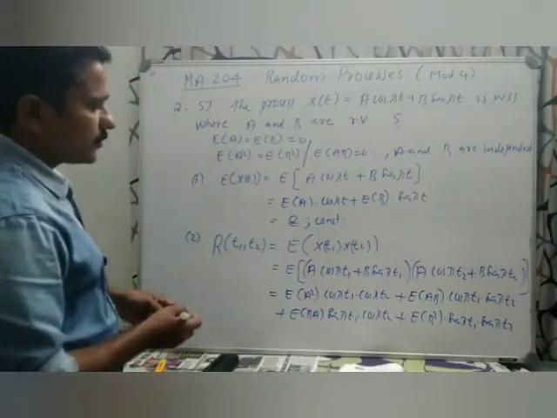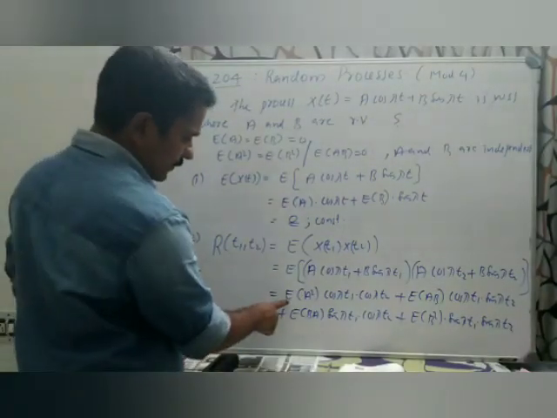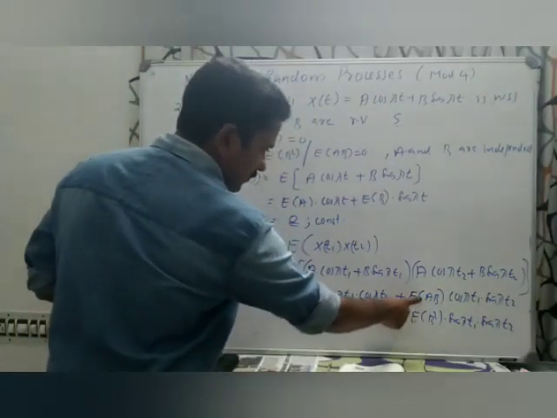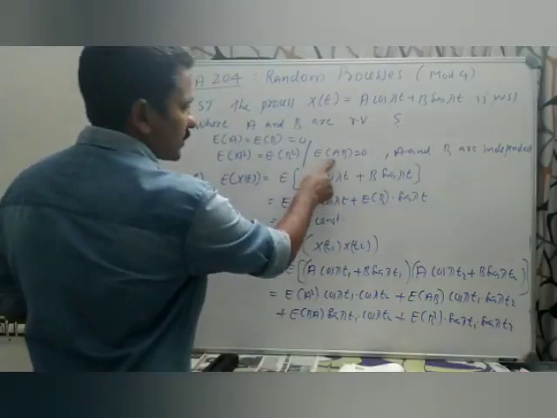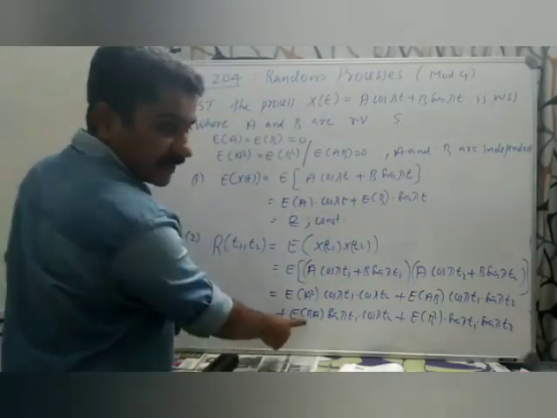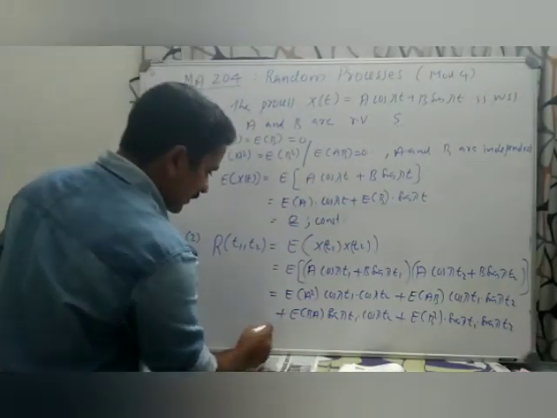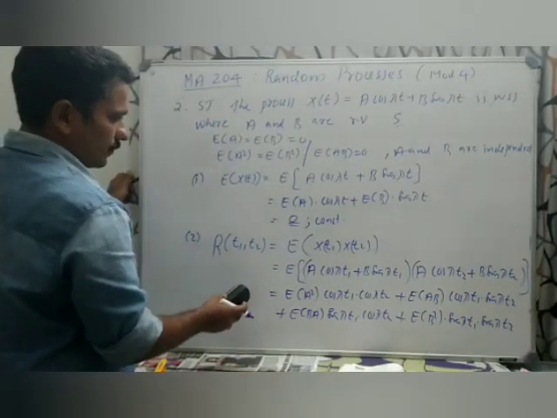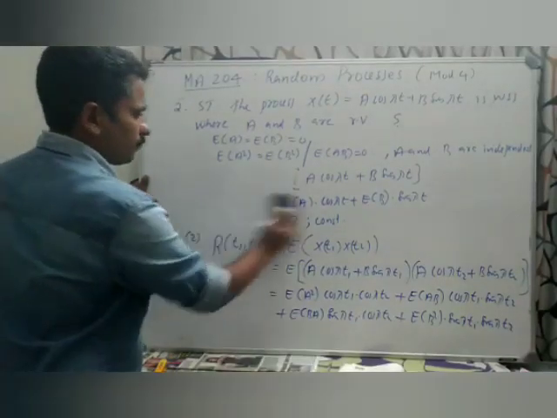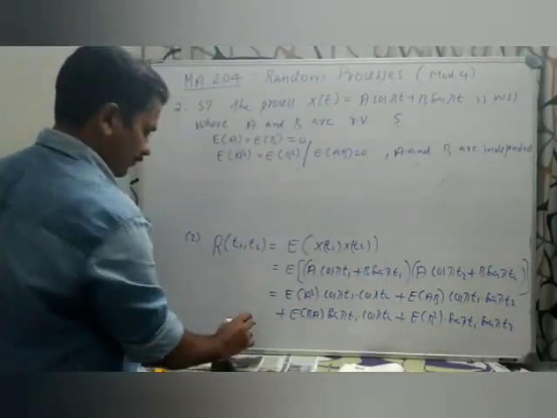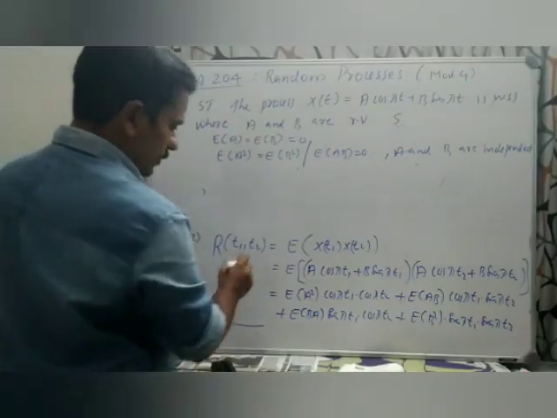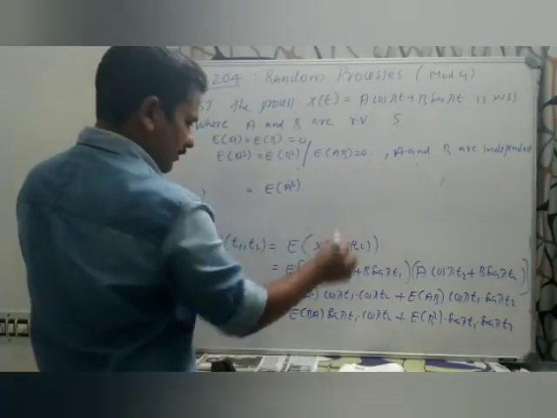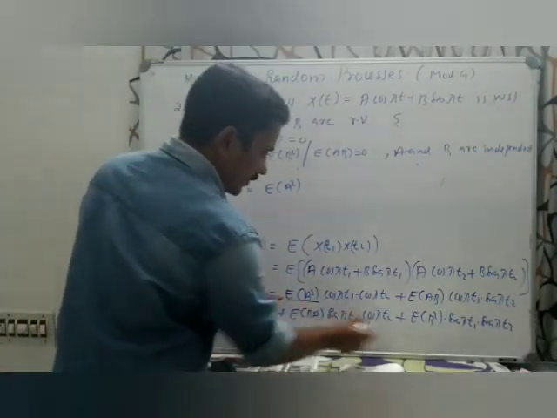Okay, so at the end, expectation of a square and expectation of b square are the same. Expectation of ab is equal to 0 and expectation of ba will be 0. So since these two are the same, we can write expectation of a square common.